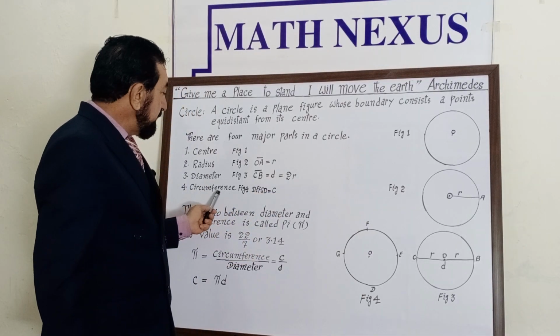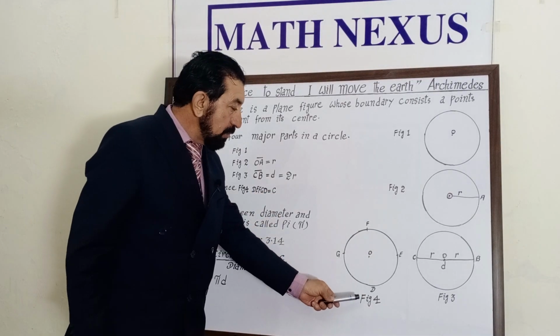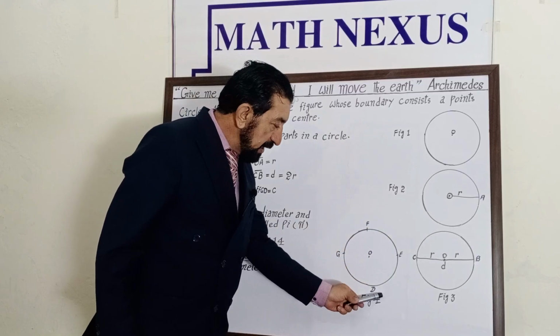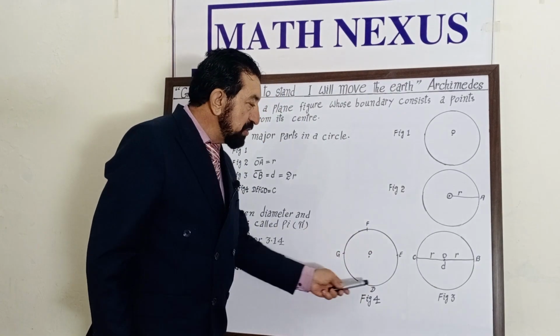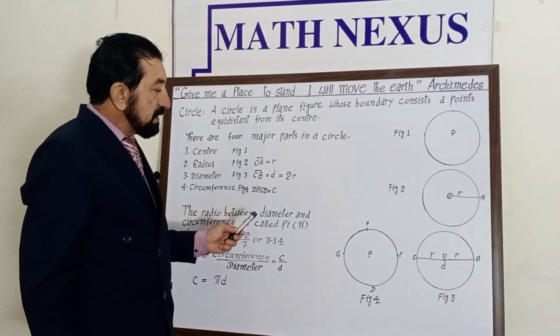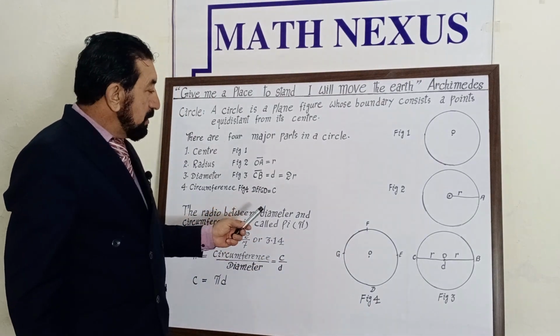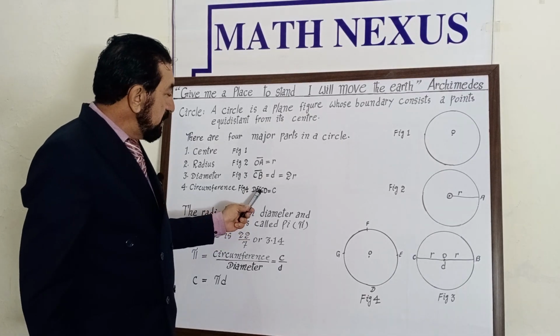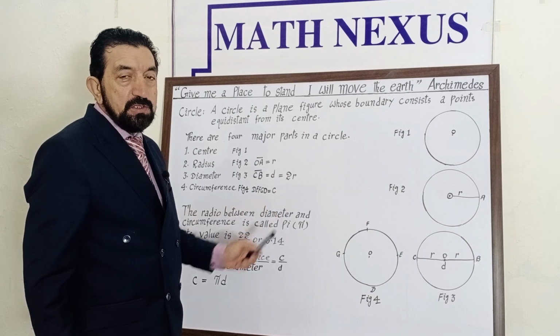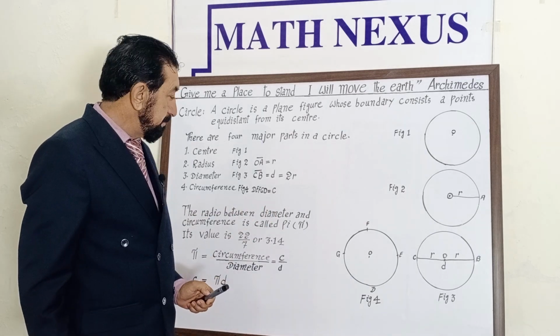Fourth, circumference, as in figure 4. D, E, F, G, again D. This whole boundary is called the circumference of the circle, denoted by C. C for circumference.